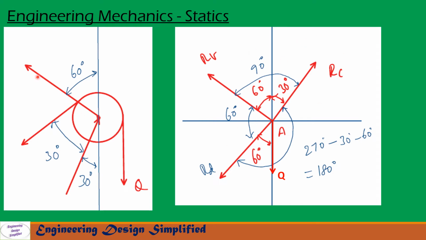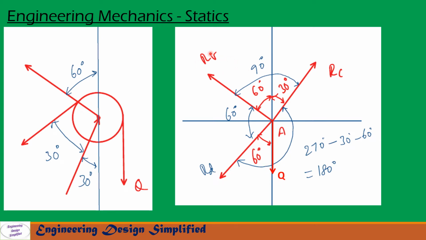This reaction RB is shown in this direction, at an angle of 60 degrees from the vertical. Similarly, RC is shown in this direction at an angle of 30 degrees from the vertical. RD is shown towards this direction, and since this angle is 30 and this angle is 30, the total angle from the vertical is 60 degrees, and load Q is shown downwards like this.